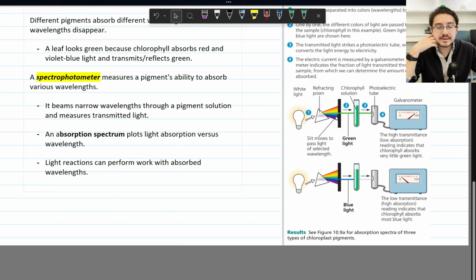You can diffract these different colors of light and see how a certain solution, a certain pigment, can absorb that particular color. Then you can figure out an absorption spectrum to plot out, in this particular case for chlorophyll, light absorption versus that particular wavelength. With that, scientists can figure out what colors chlorophyll and other pigment molecules can absorb, what wavelengths they can absorb.